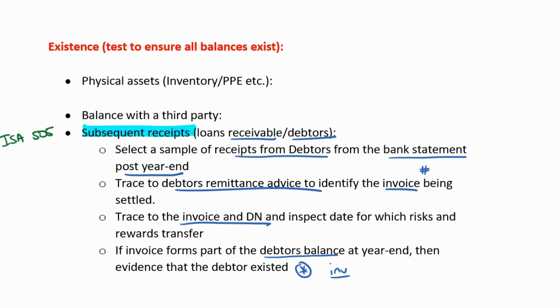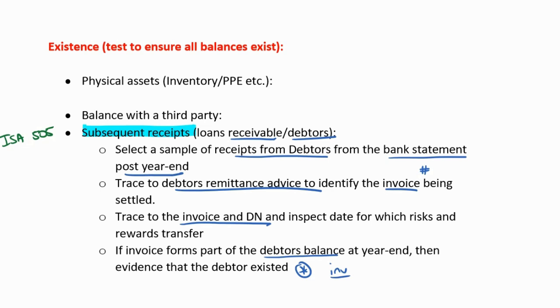So subsequent receipts will help me to prove if a debtor's balance exists, if that receipt related to their balance at year end. So if we're unable to get that external confirmation from the debtor, this testing will prove, why would they be paying for an invoice that didn't exist? Obviously, they're settling a balance that existed, so I'm comfortable with that.